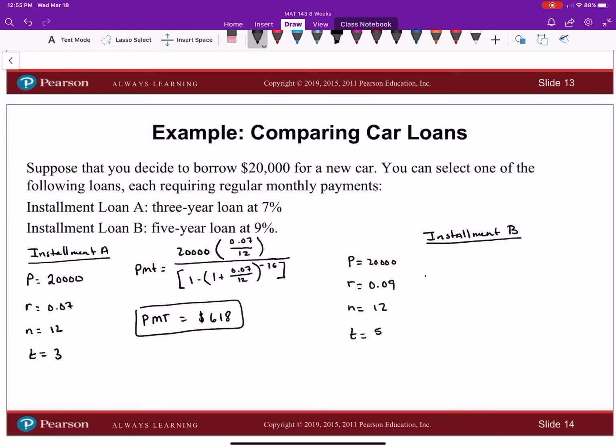So when we plug everything in, we got PMT, which is payment, is equal to the 20,000 times 0.09 over 12, all over bracket 1 minus parentheses 1 plus 0.09 over 12, raised to the negative 5 times 12, which is 60, and then we close our bracket. For this payment, we put it in the calculator and we end up getting $415.